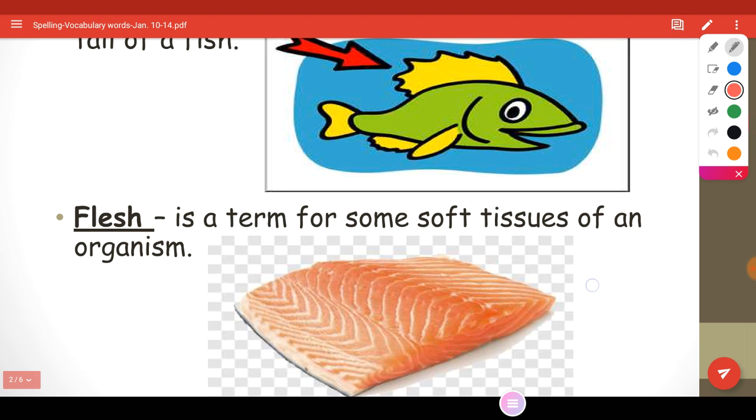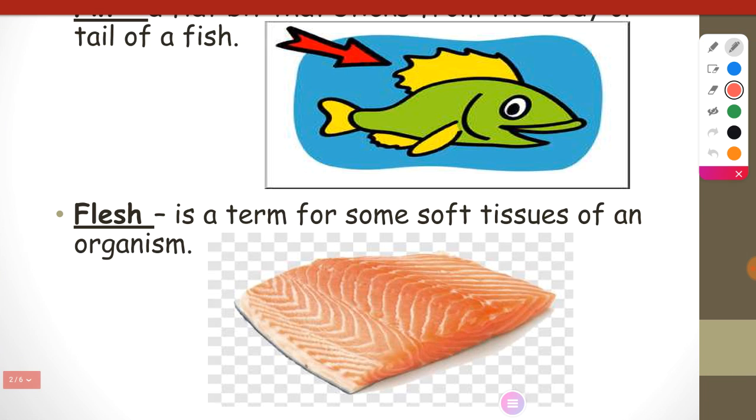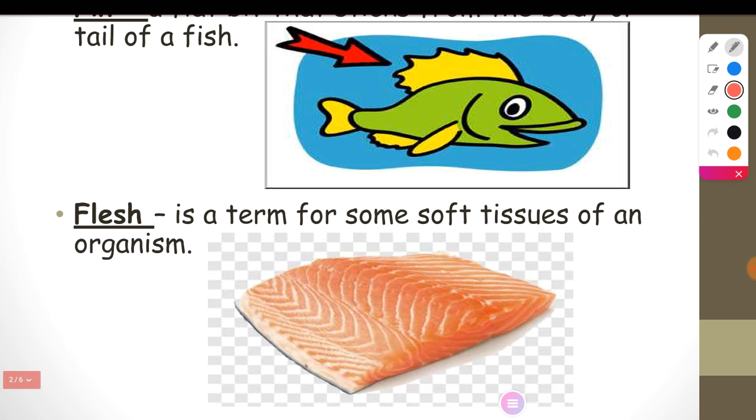Here we have the word flesh. What do you mean by flesh? Flesh is a term for some soft tissues of an organism.